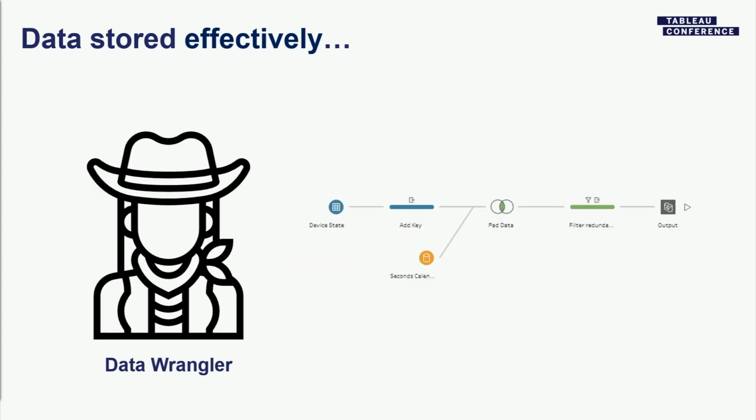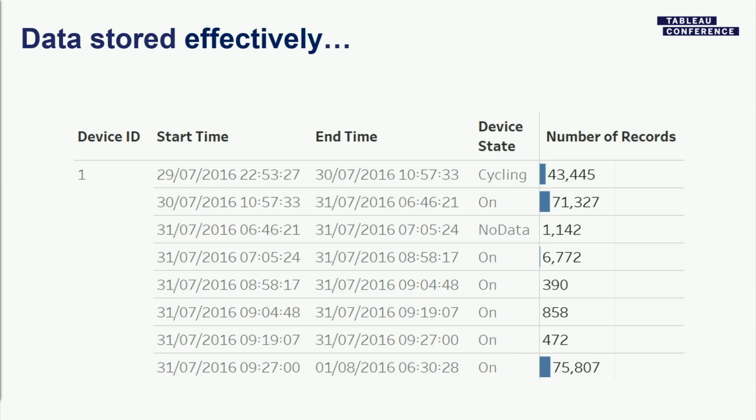So if we imagine that the data wrangler has already gone ahead and done that, and joined that into our existing data set, again, using a dummy key to join on that one field to create a product join. They might then go ahead and filter out the redundant records, just as we saw Sasha do with her tenure-based example. And we end up with a data set that looks like this.